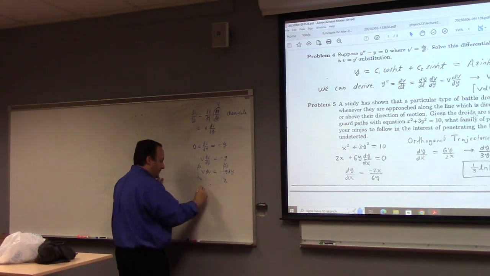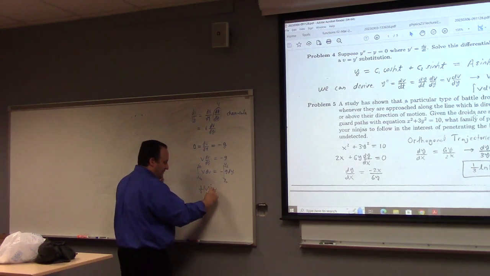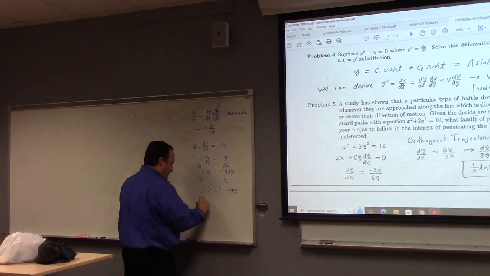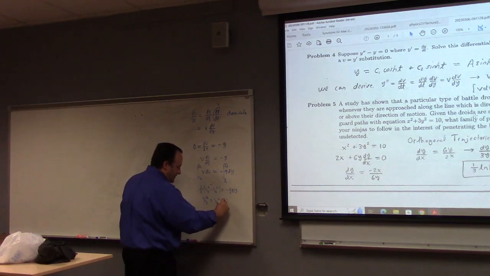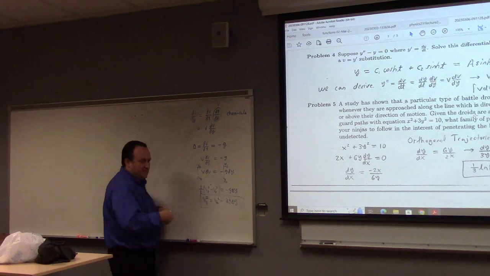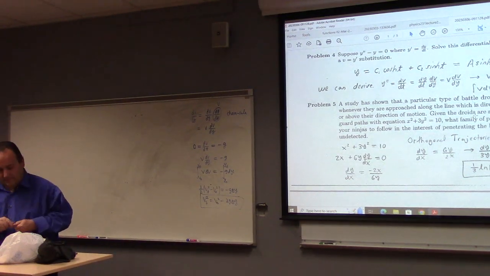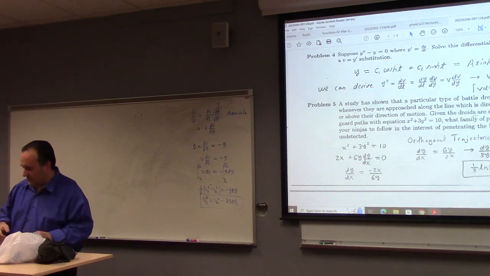You get 1/2 (vf squared minus v naught squared) equals minus g times the change in y, which of course is vf squared equals v naught squared minus 2g delta y. That, of course, is the timeless equation. This is how you derive the timeless equation, this trick. I mean, there are other ways, but this is the easy way.